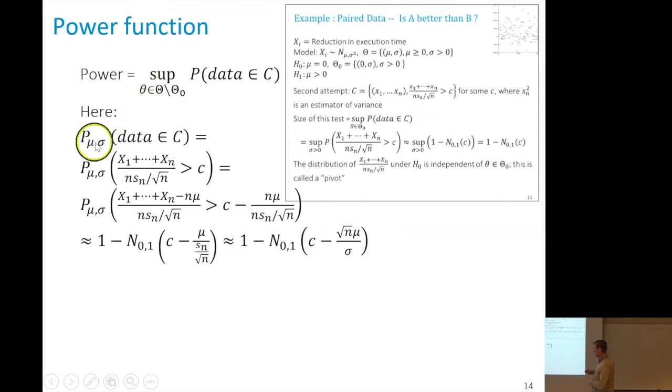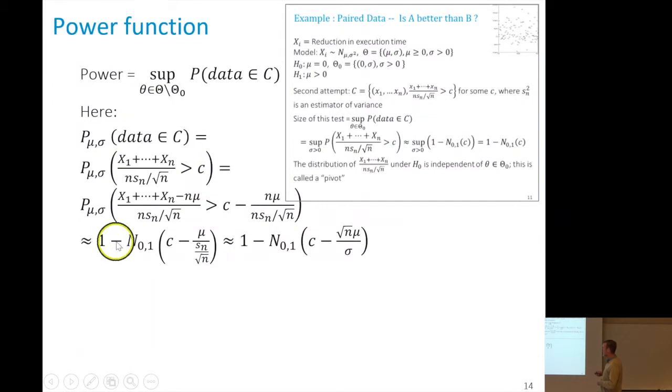Now, when we're not under H0, we have two parameters, mu and sigma. So we need to compute the probability of rejection when this quantity here is Gaussian, but with mean mu. So I let the mean mu appear such that I have now a standard Gaussian variable. I've subtracted the mean here.